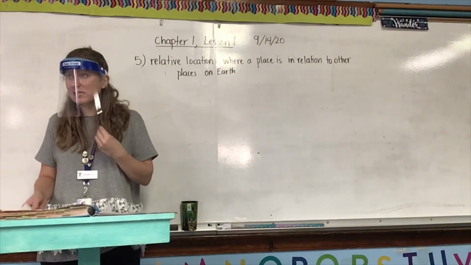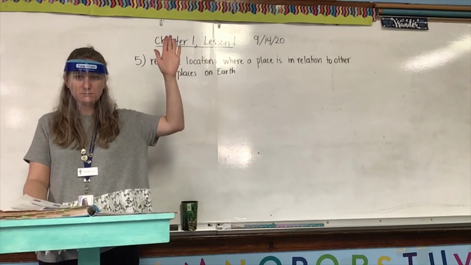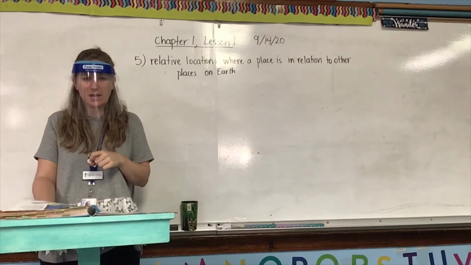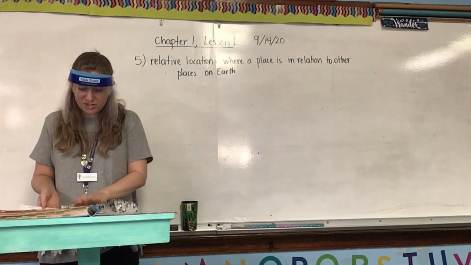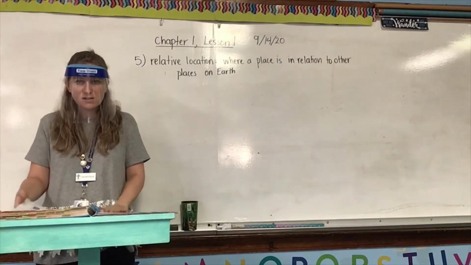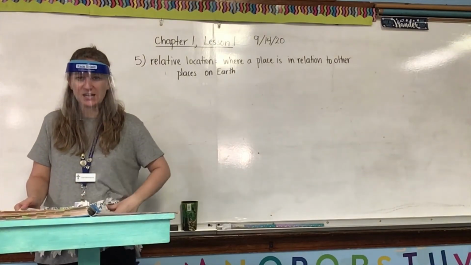So, how can we say where the United States is in relation to Canada? Carla, the United States is what of Canada? You should be on page 13 looking at the map with us, not on page 14. Zari, where is the United States in relation to Canada?